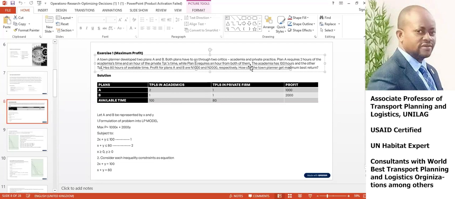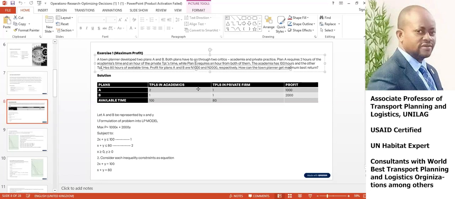The academics has 100 hours and the private has 80 hours of available time. Profit for plan A and B are 1,000 and 2,000 respectively. How can the logistician get the maximum return? So we want to see the point at which there is profit maximization.